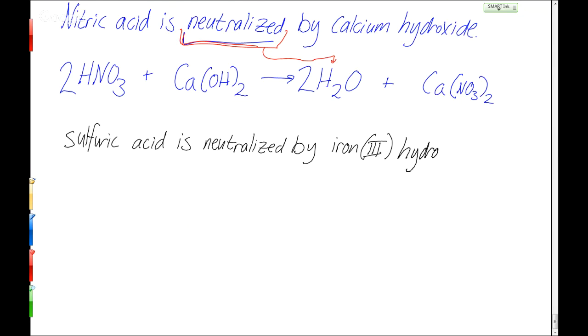So would sulfuric acid be HSO4? Close. It's H2SO4 because sulfate is -2, so you need 2 hydrogens, each +1, to balance that formula.